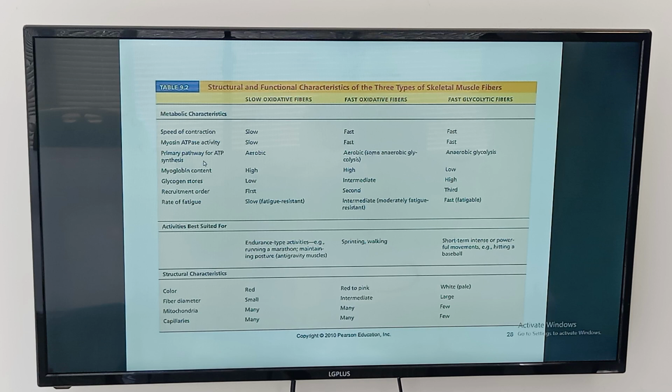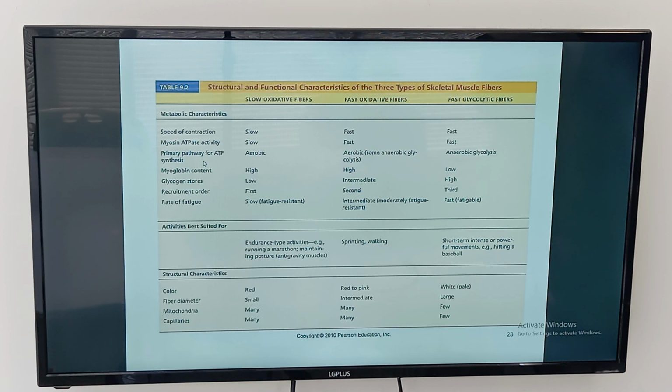Okay, in the slow oxidative goes first, the fast oxidative will go second, and the fast glycolytic will come third.